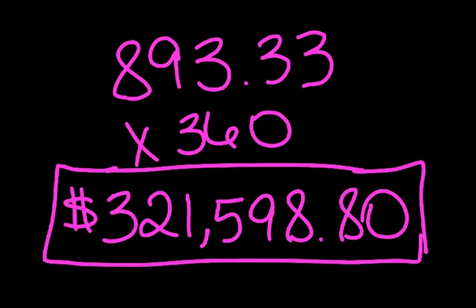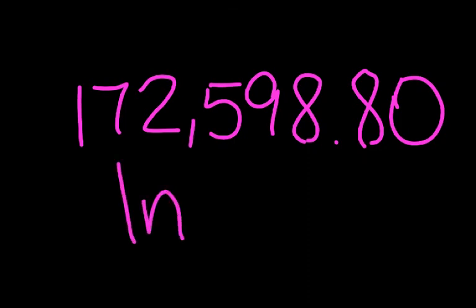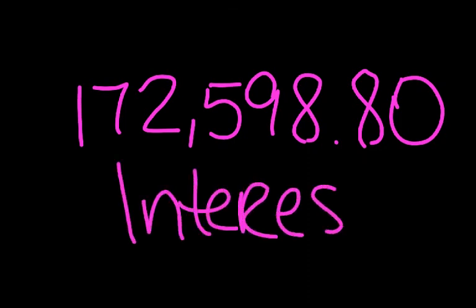You multiply that by the 360 months, and you end up paying $321,598.80. When you subtract that from $149,000, interest alone is $172,598.80. So you basically paid more in interest than you did for the house. Pretty interesting, huh?